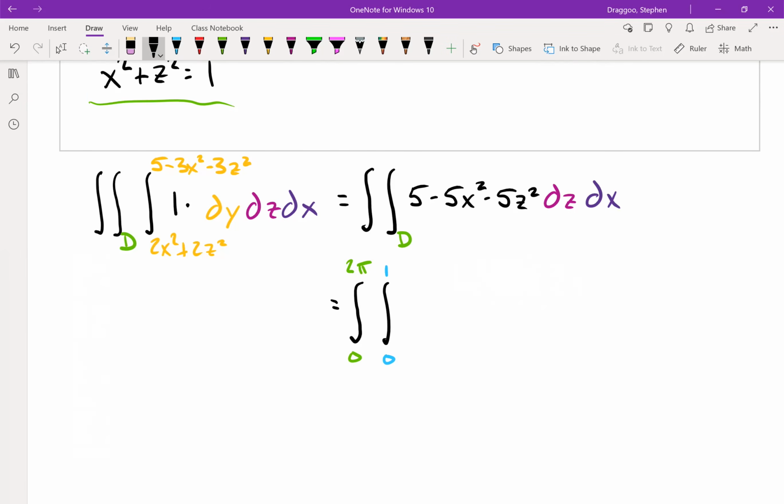And this thing should be 5 minus 5r squared, since x squared plus z squared is going to be equal to r squared in this particular set of polar coordinates, because we're just using z instead of y. And we're going to want to multiply in our dA for that region R.